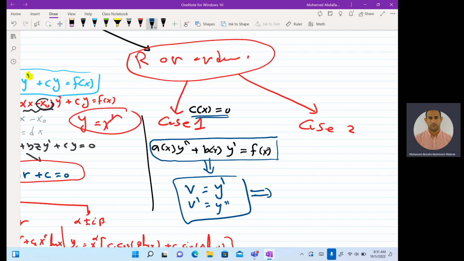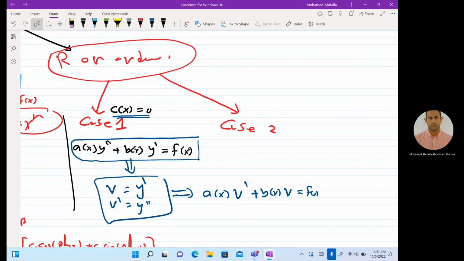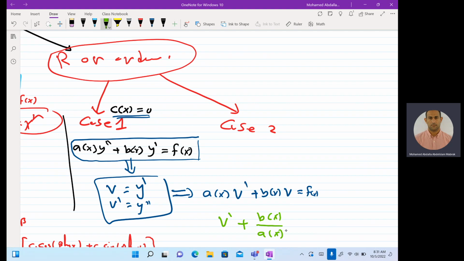The new transformed differential equation will be a of x v dash plus b of x v equal f of x. And then we can go ahead and divide by a of x to generate a new differential equation, which is v dash plus b of x over a of x, v equal f of x over a of x.